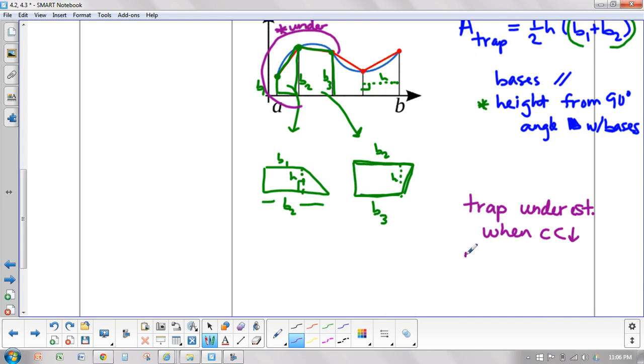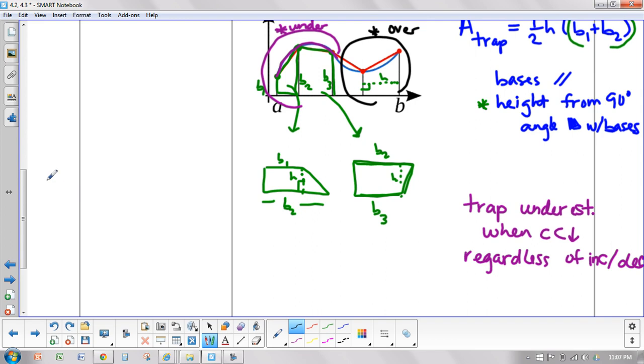It actually doesn't matter regardless of increasing or decreasing, because you can see that here is a space where my graph is increasing and my trapezoid is still too small. And when it switches over and it starts to decrease, my trapezoid is still too small because I'm concave down. And then another color that I haven't used, I guess we haven't used black here. If you take a look right here, you can see that those trapezoids are over the graph.